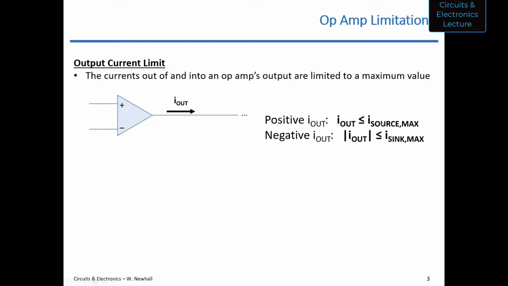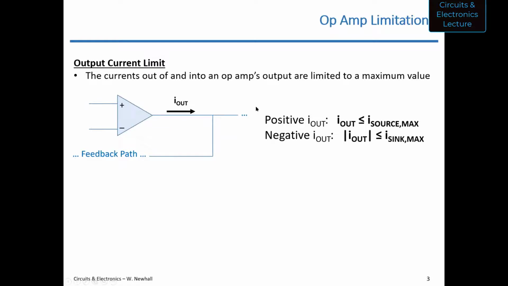So it might be 10 milliamps. For negative I out, the absolute value is less than some sink value. So the op amp can source some current maximum. The op amp can sink or take in some current maximum, and there's a limit to that. The important thing to note here is that if you have a feedback path, and you will have one in lab when you do your lab circuit, that feedback path takes some current.